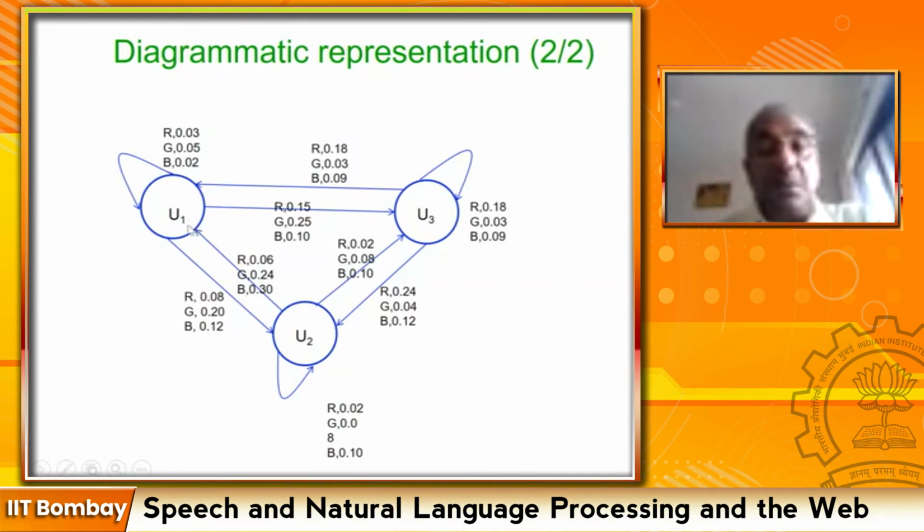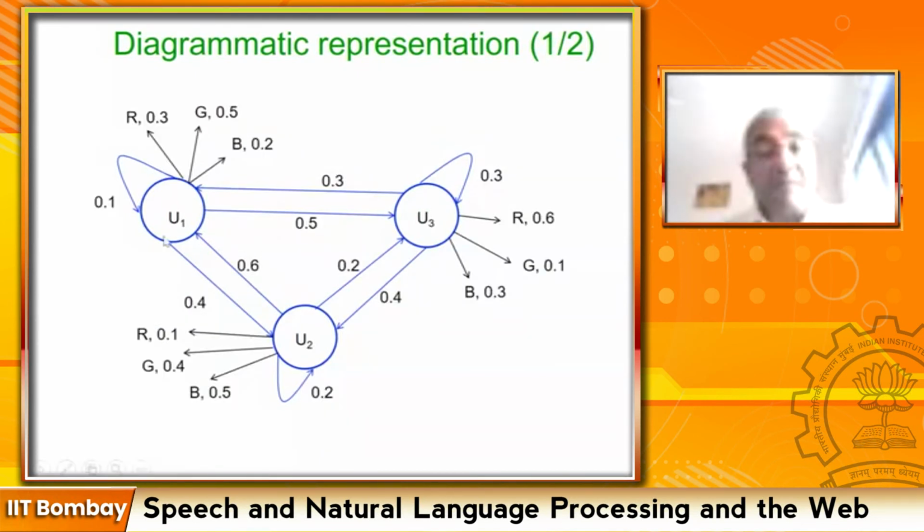Similarly, when you go from U1 to U2, you had probability values of 0.4.